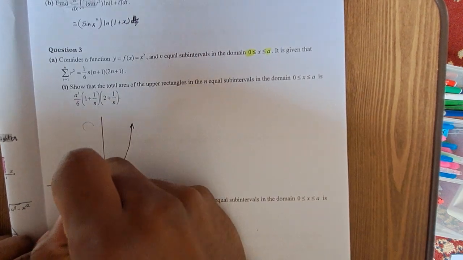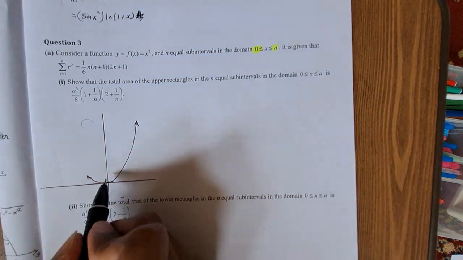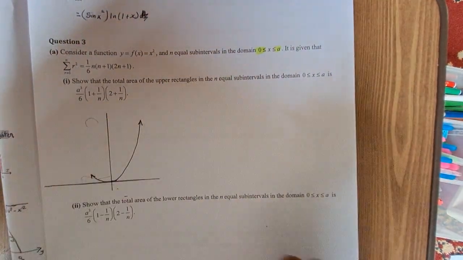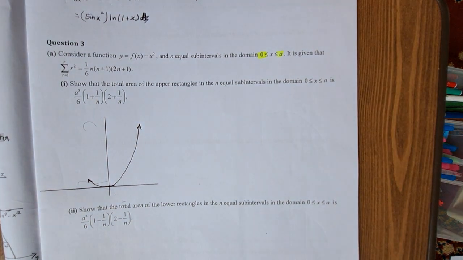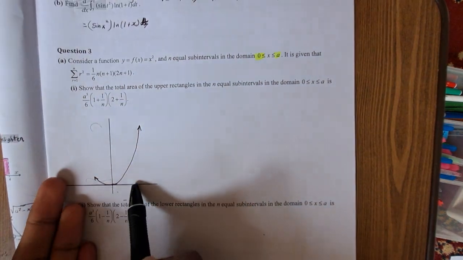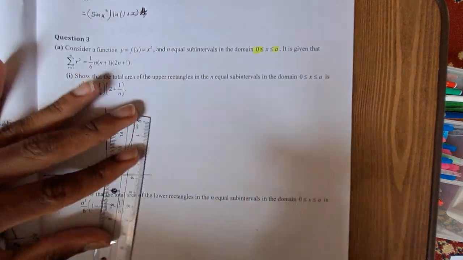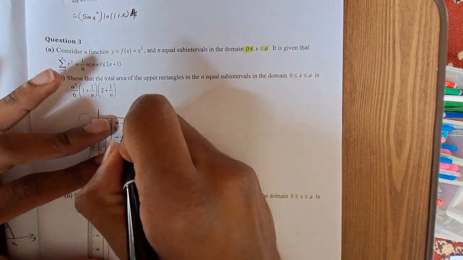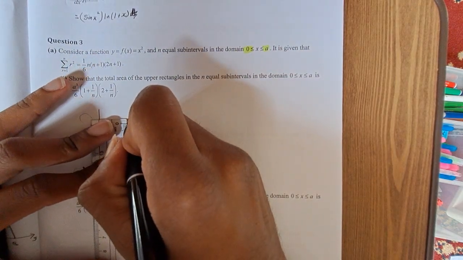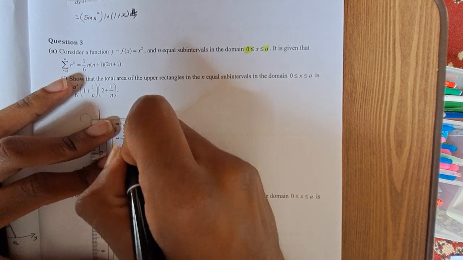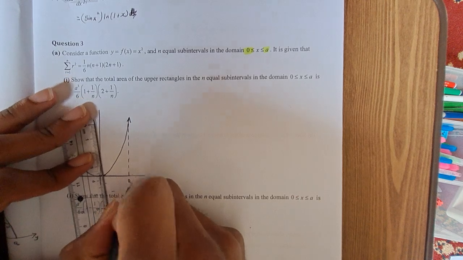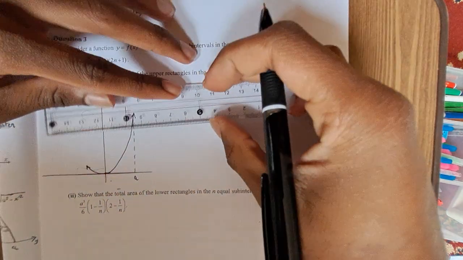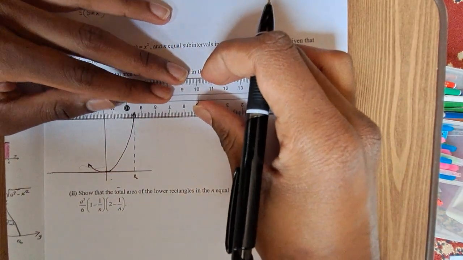Alrighty, that's looking good. This is just to show that it's a parabola, but we've drawn it in the first quadrant. Now what we want to do is calculate the area under the curve. Let's say this point here, the furthest we can go. Let's draw dotted lines, and let that be A. Draw dotted lines here too.